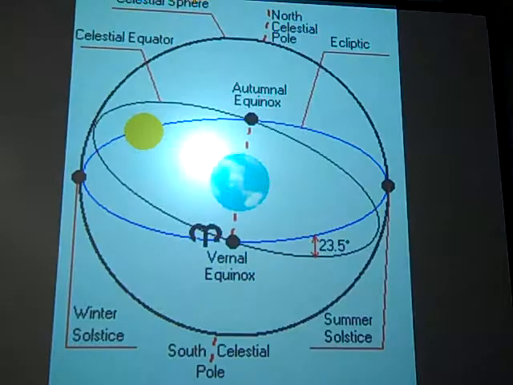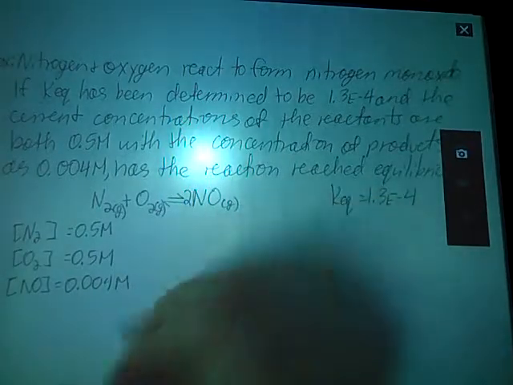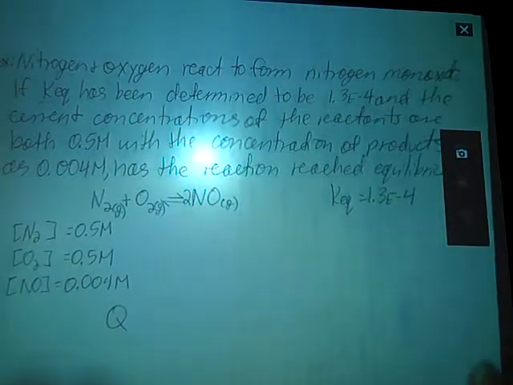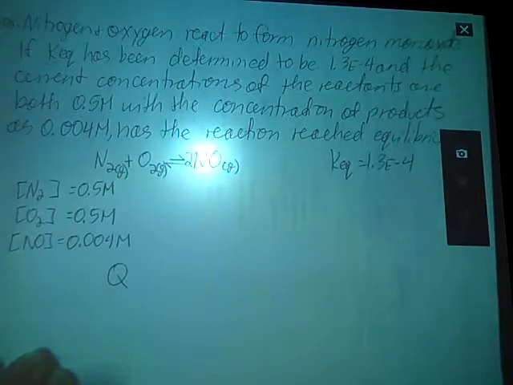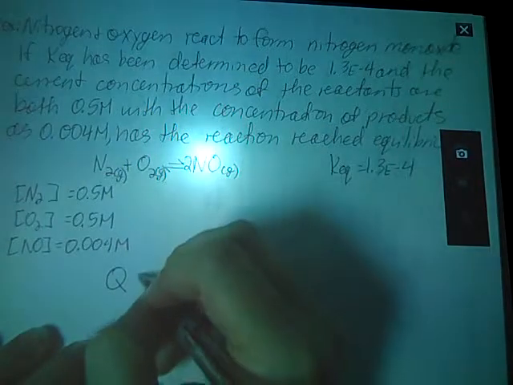But I want to know, is my reaction at that equilibrium point from here? Will my concentrations continue to change, or am I at that happy, stable, unchanging point? So we're going to use Q. And again, the only difference between KEQ and Q is the fact that I don't know yet if my reaction is at equilibrium.